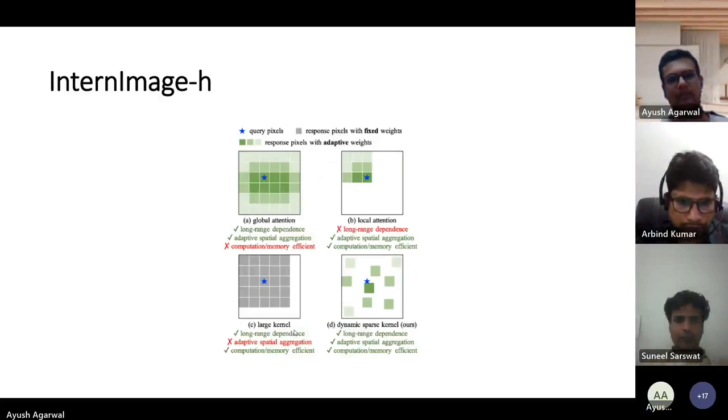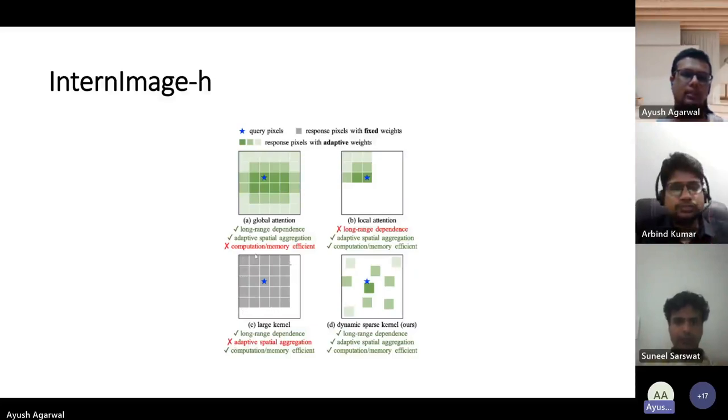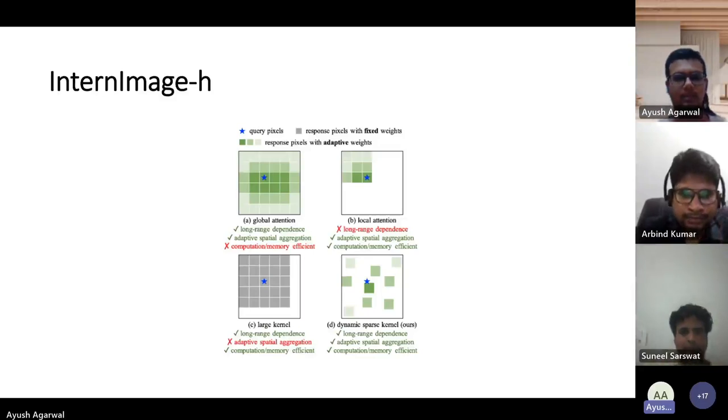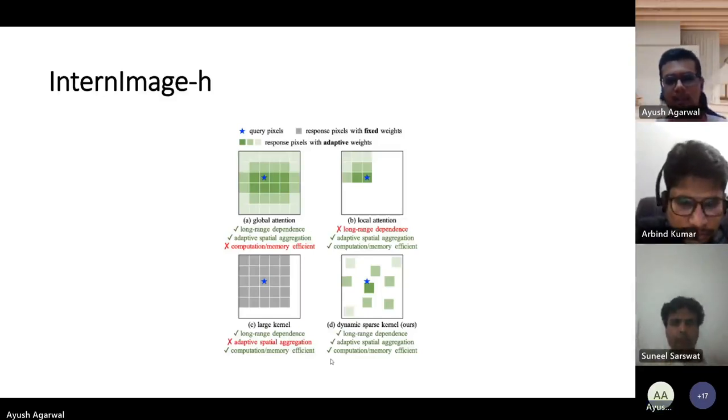Then for a very large CNN, it would lose the adaptive spatial aggregation, since it is calculating for the whole of this space at once. Like we do, we first gain edges, then we gain some contours, things like that. That spatial aggregation is not happening, so we might lose on features.